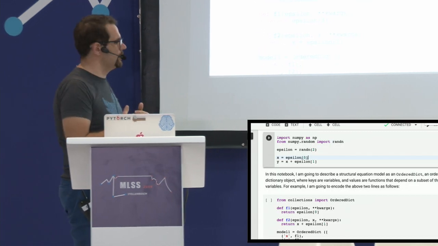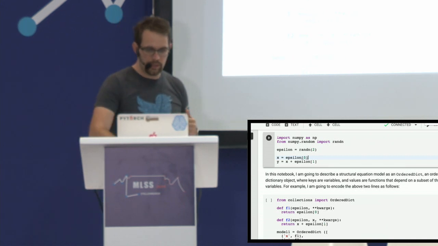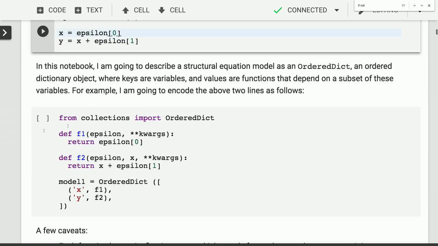I'm going to use ordered dictionaries because the ordering of structural equations matters. For example, if I store these functions in a dictionary and I don't remember the order in which they came, then obviously I get a different equation.